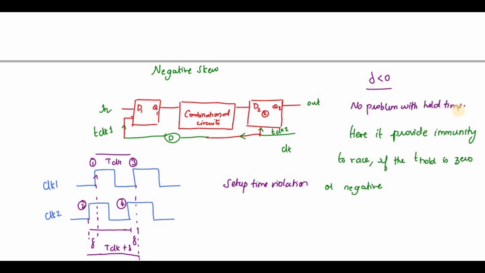Since there is no problem with the hold time, it provides greater immunity to race, right, if the hold time is 0 or negative. But it will cause a problem with setup time.